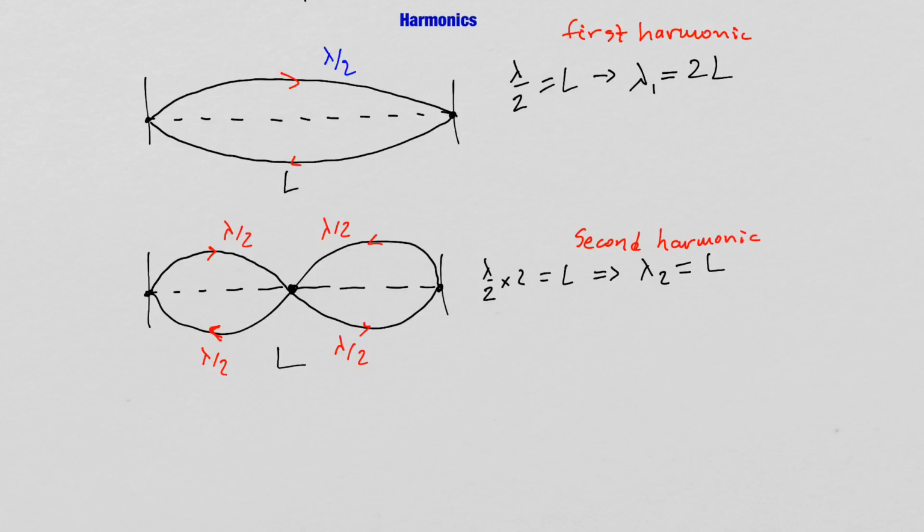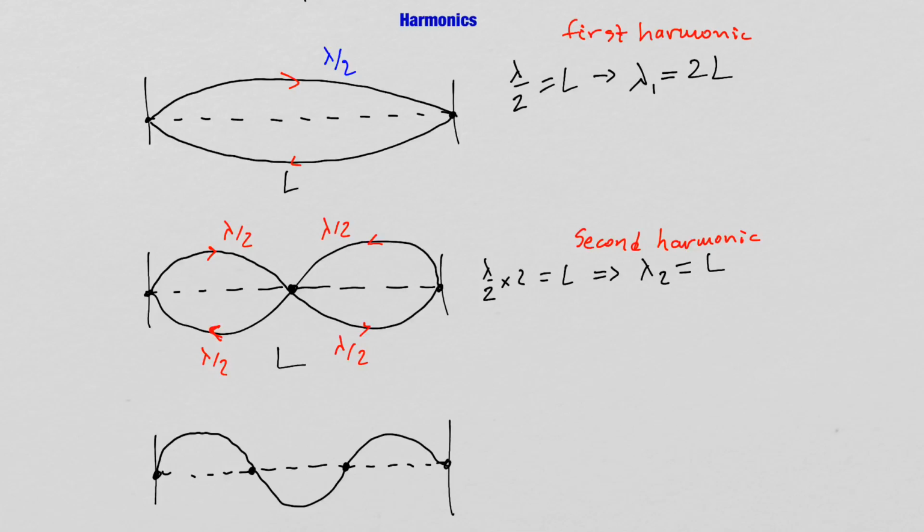And similarly, I can do the third harmonic. So here's my string again, fixed on both ends. Now I'm going to have two nodes here on the string, and the wave will look like this.